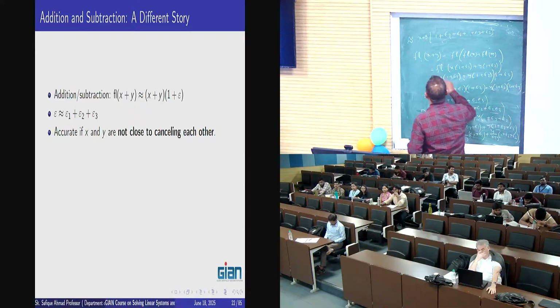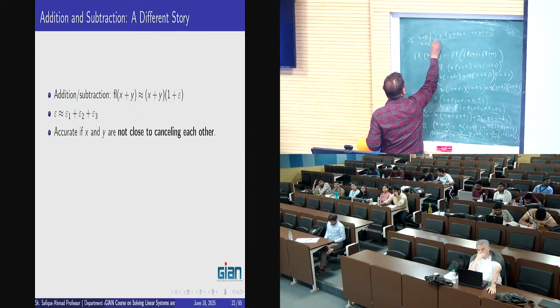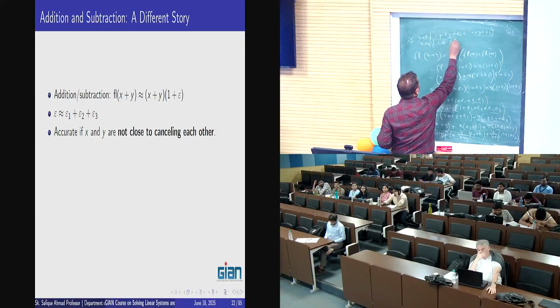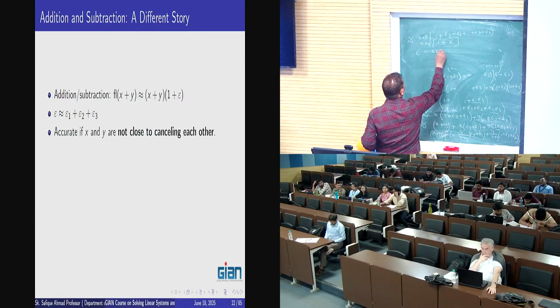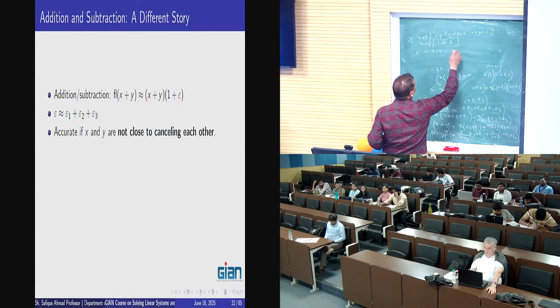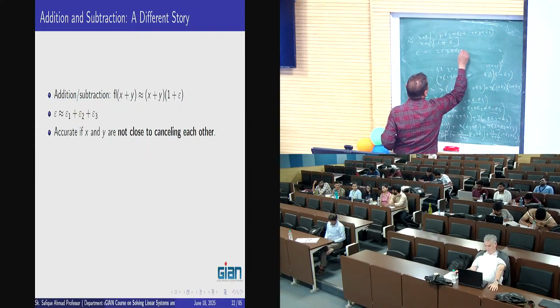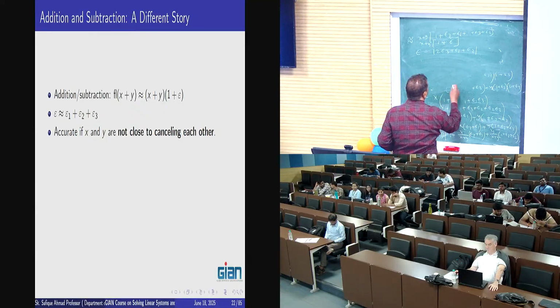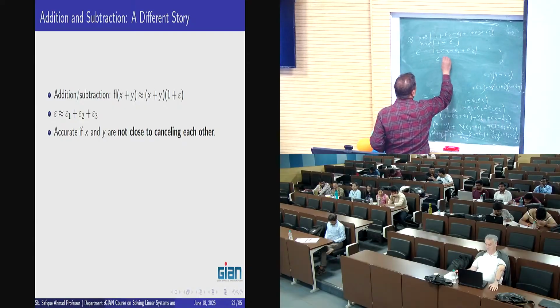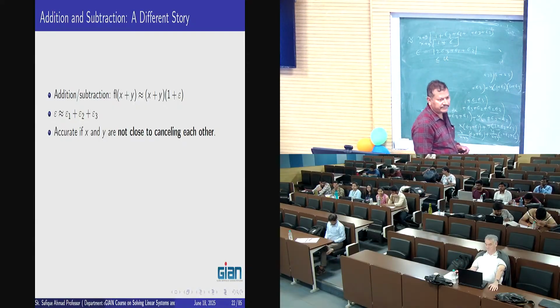Now here this x plus y. This 1 plus, you take this as epsilon, 1 plus epsilon 3 plus epsilon 1, and this is plus epsilon 2, and this is less than or equal to, these are very small numbers, this is less than or equal to unit round off error, okay.